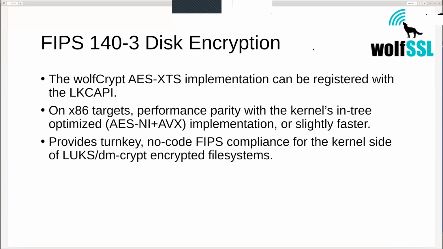If you do it in user space, your performance drops from 4 to 6 gigabytes per second per core down to like 100 or 200 megabytes per second per core. So that's no good. You need to do your disk encryption in the kernel if you have any performance requirements, any efficiency requirements, and certainly if you're on a constrained endpoint where your clock rate is low, you need to run it in the kernel in order to avoid overhead.